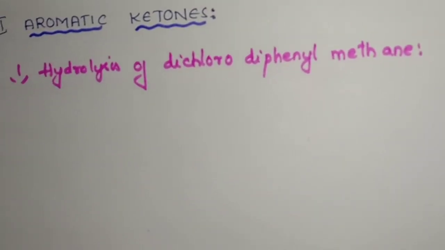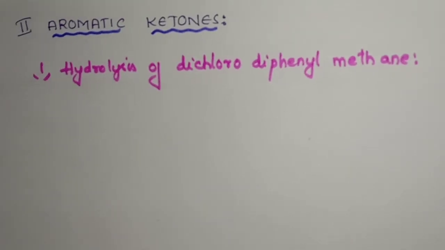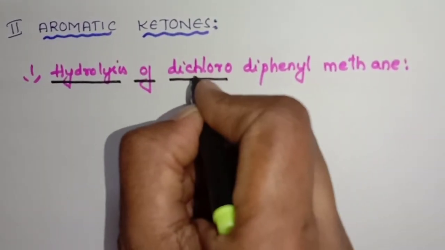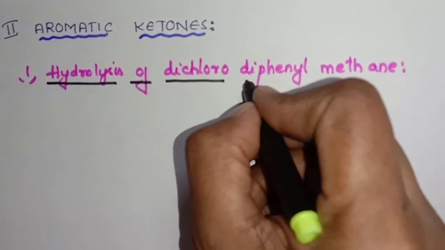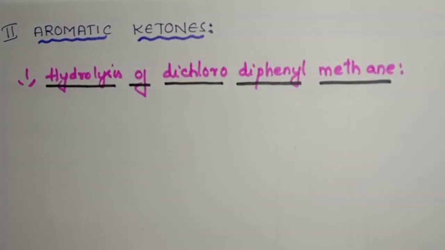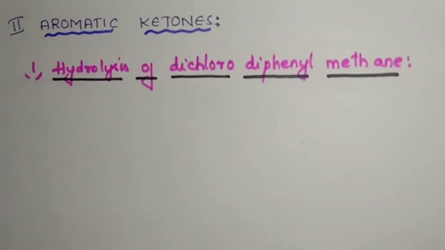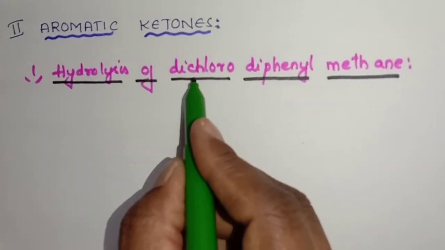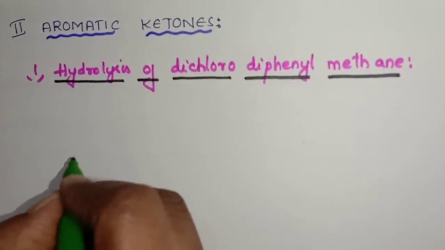Try to understand the side heading: hydrolysis of dichloro, that means two chlorine atoms, diphenyl, two phenyl groups, in methane. First let us prepare dichlorodiphenylmethane.